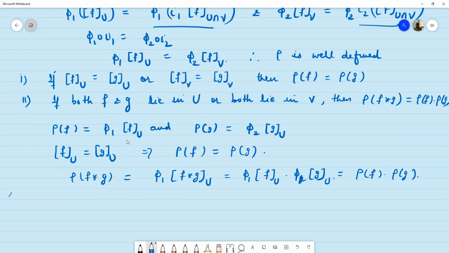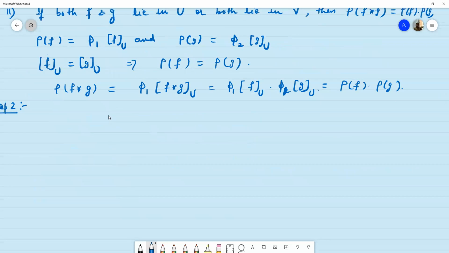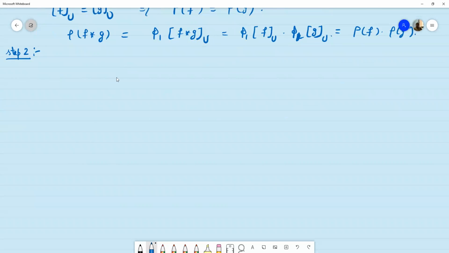Now we will prove the second step. In the second step, we will extend this mapping rho to a mapping sigma, and sigma is defined on each path lying in U or V, to an element of H. Now in the first step, we have defined rho on the loops, on the closed paths based at point x0.